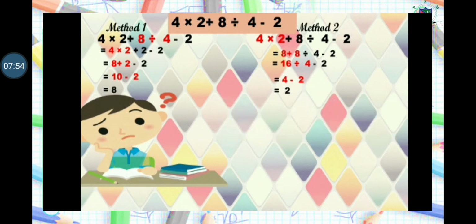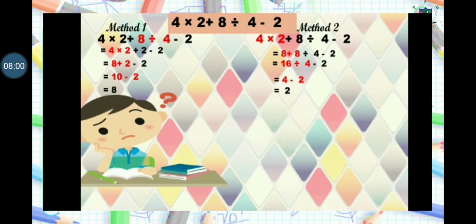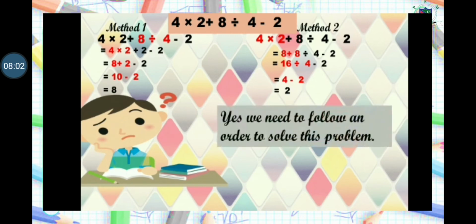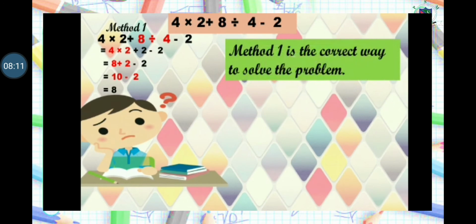Let us find out the answer to these questions, and of course, no, we cannot have two methods. We need to follow an order to solve this problem. So it's observed that method 1 is the correct way to solve the problem.